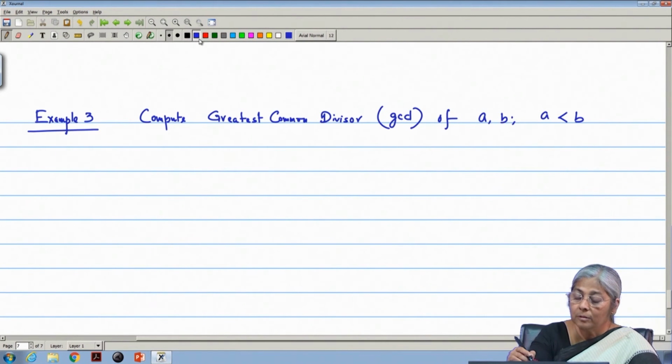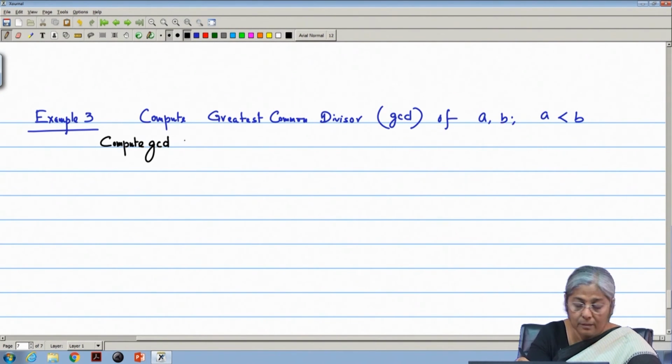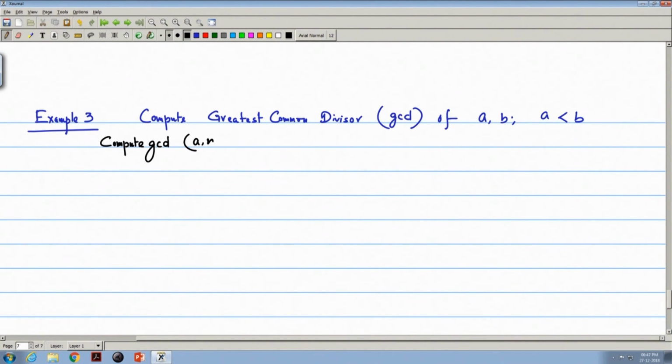Now, we can write the compute GCD function as compute GCD(a, b).